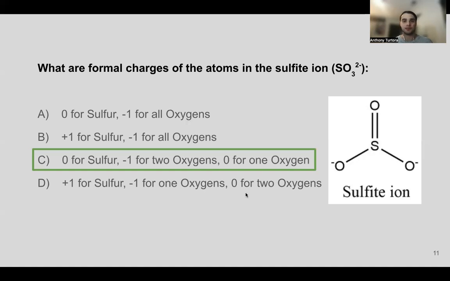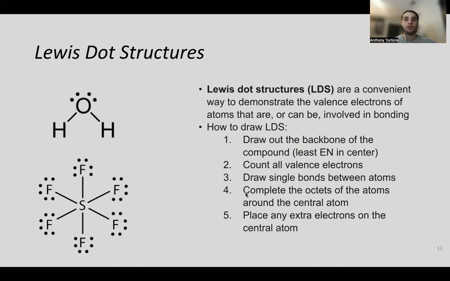And if this doesn't make sense, we're going to go over drawing Lewis dot structures and determining formal charge more right now. So Lewis dot structures are just a convenient way to demonstrate the valence electrons of atoms that are involved in bonding.